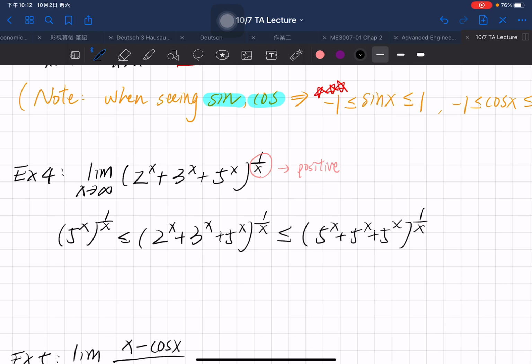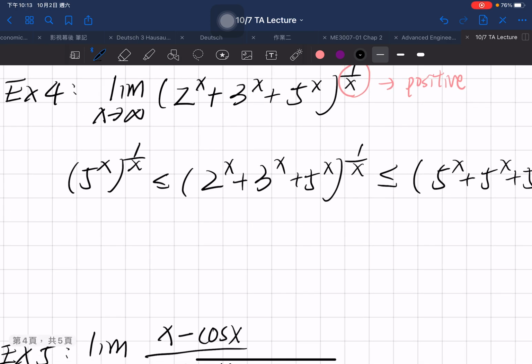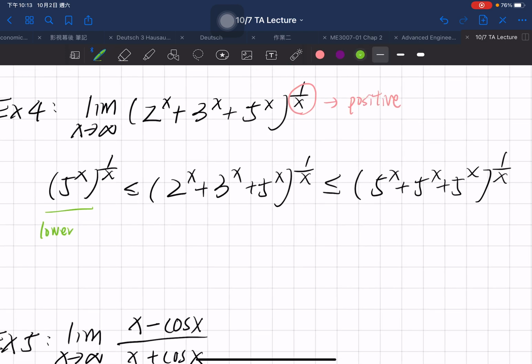This will definitely be greater than or equal to the ugly term, right? So now we have the lower bound and our upper bound.